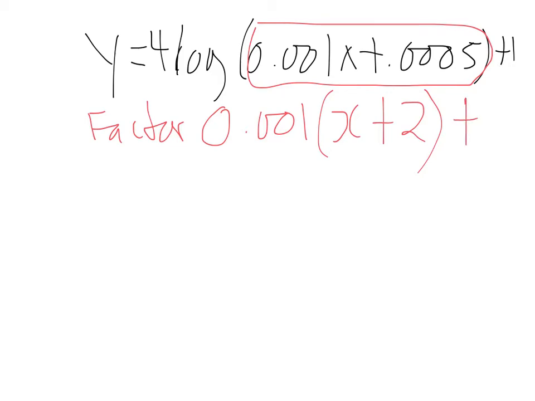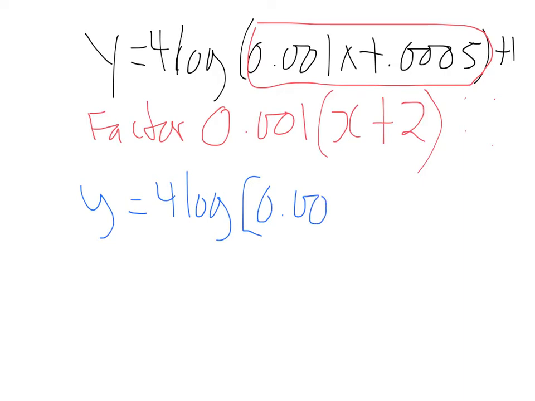Sorry, we don't have a plus 1 there. Now I'm going to rewrite this as y equals 4 log of 0.001 bracket x plus 2, plus 1.